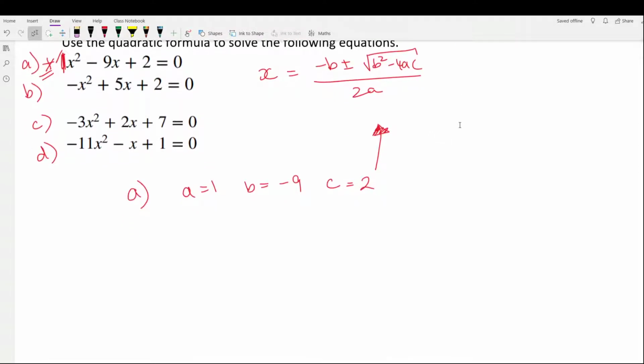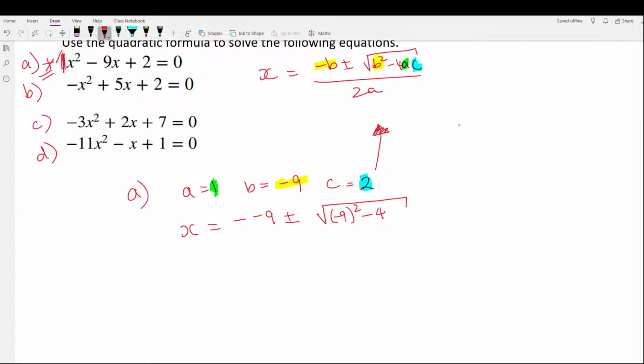So we'll have x is equal to minus b, so that's minus negative 9, plus or minus the square root of b squared, so negative 9 squared, minus 4 times a, and a is 1, and c is 2.